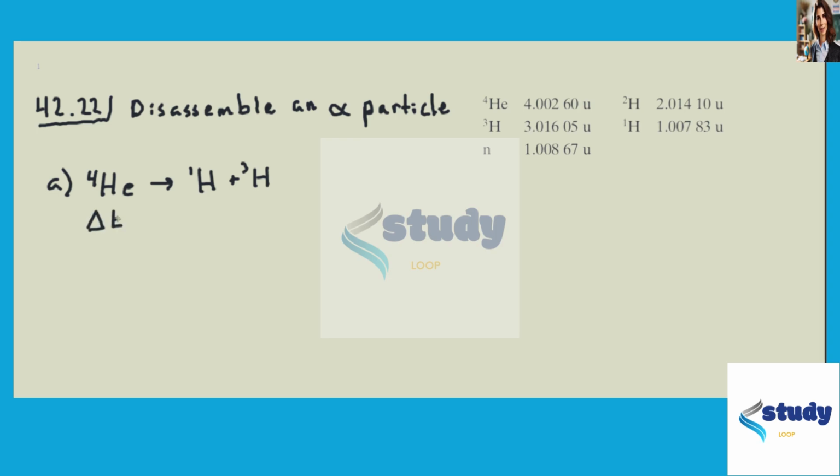So let's call the energy for this delta E1. So this is going to be the mass of the hydrogen-3 plus the mass of the hydrogen-1 minus the mass of the helium-4 times c squared, because it's an energy.